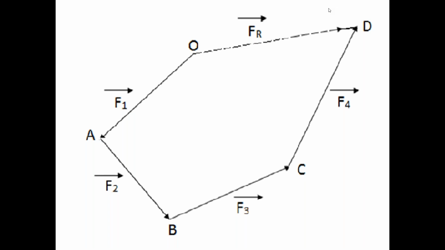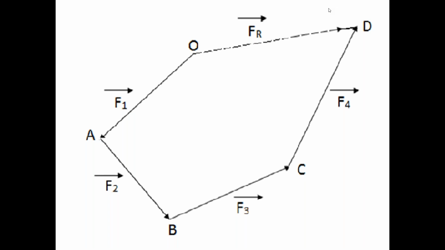Now coming to this polygon law of forces. The polygon law of forces states that if the rigid body is subjected to a number of coplanar concurrent forces, to find the resultant force of those forces, take the first force, F1 bar, as the first side of the polygon.